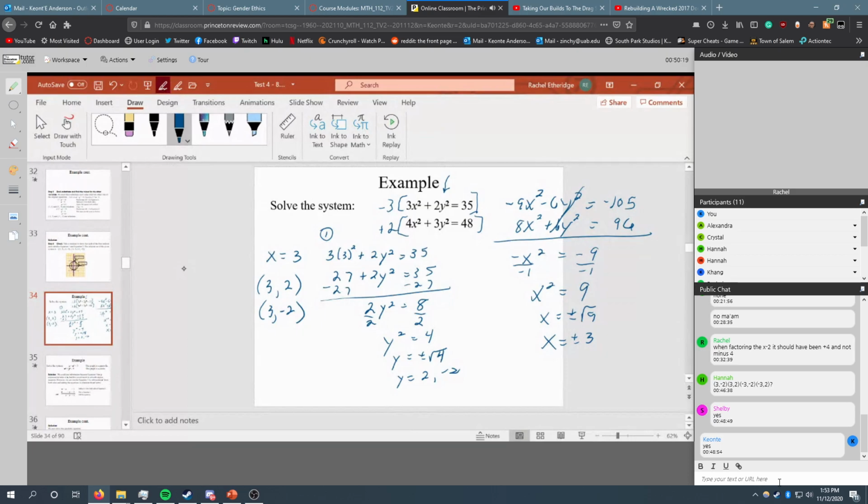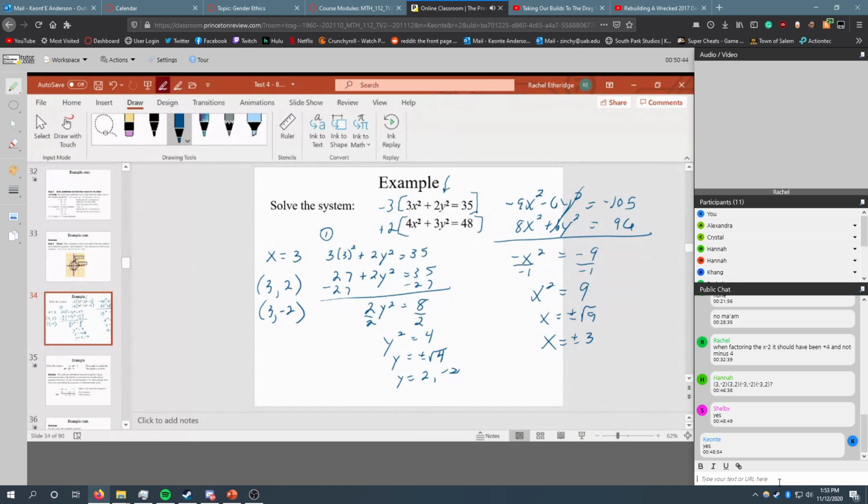Now, notice when you got a 3 or a negative 3 and you're plugging it into the square, you're going to square it. You're going to get the same answer. Does that make sense, what I just said? If you plug in a 3 or a negative 3 into x squared, when you square that, it's going to be a positive 9.